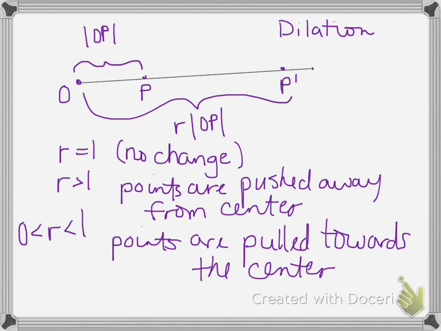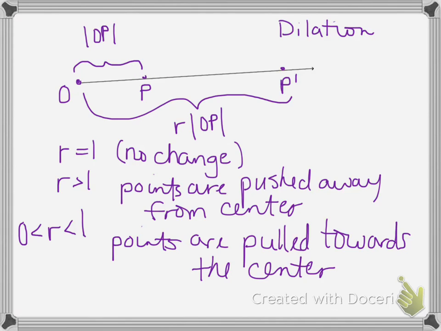I could draw you a picture of that so that you could see. But think about it, if I've got this distance here and I multiply it by a fraction, then my image is going to end up somewhere in this area. So my dilation is going to be pulled toward the center for R less than 1, for fractions, and it's going to be pushed away from the center for R greater than 1.